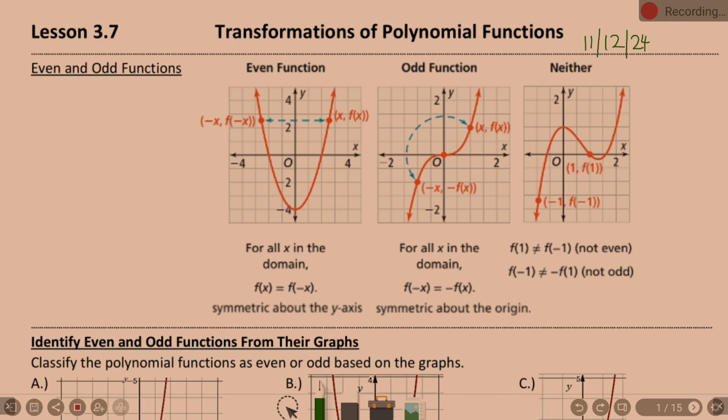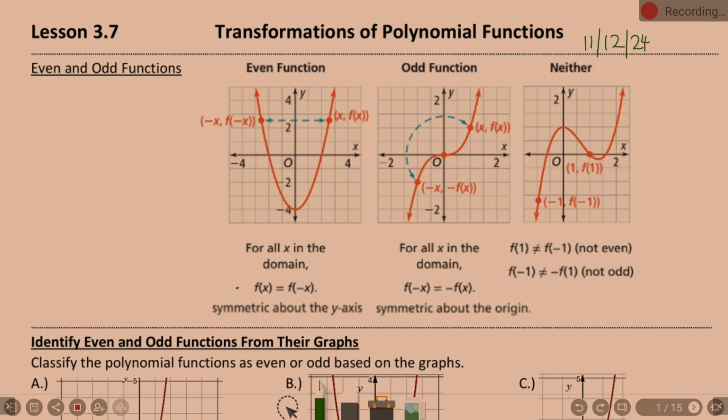Okay, so even function, by definition, for all x in the domain, it gives us two options. It gives us the idea that f of x equals f of negative x. So that is if you only have an equation and you want to try and figure it out algebraically. Does f of x equal f of negative x? And I'll demonstrate that.